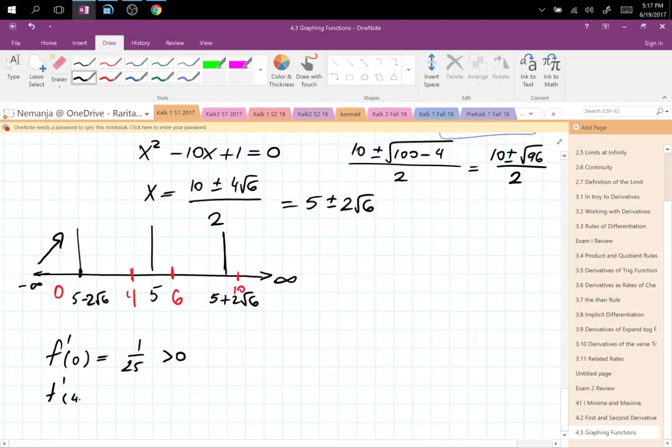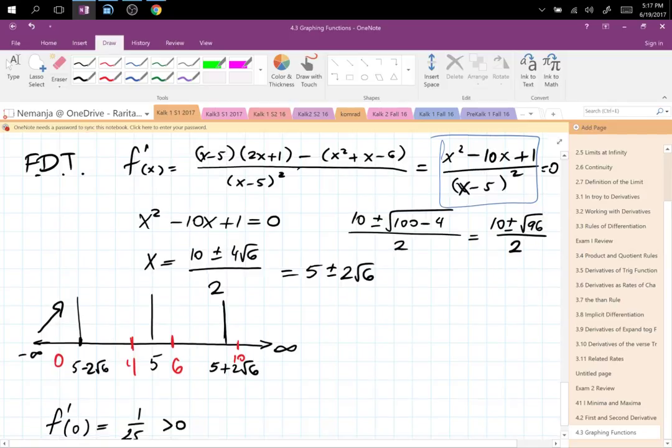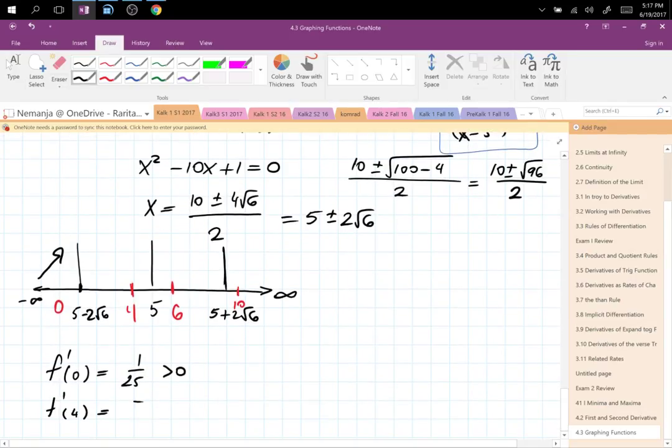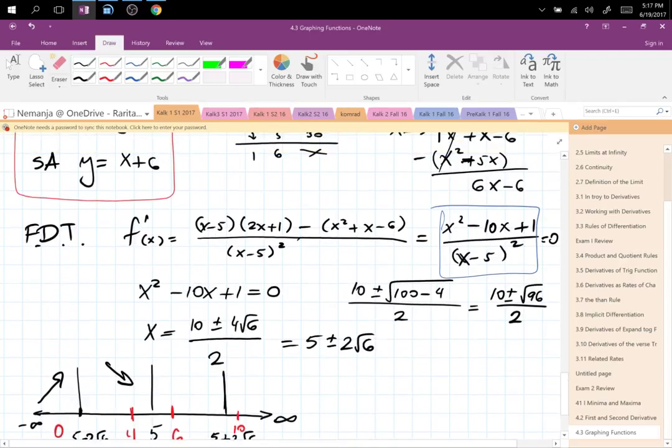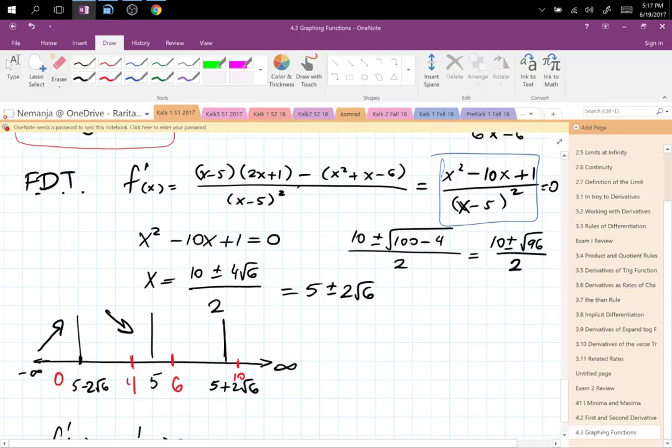F prime computed at 4. So what do I get? 16 minus 40, negative divided by positive. I'm not even computing it, as you can see. What I did is I just did the analysis. When I plug into the first derivative, there it is, x squared.